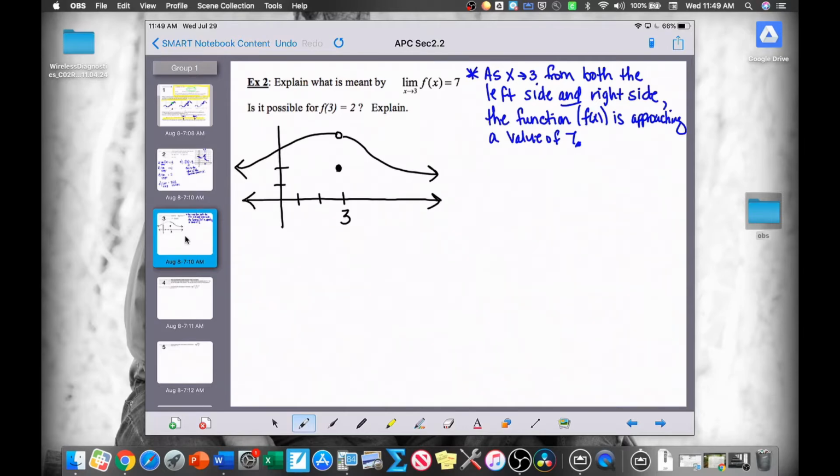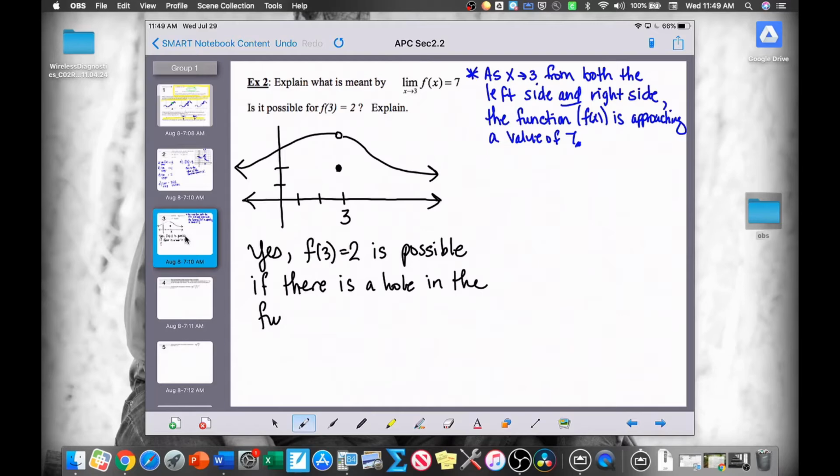So we could say, yes, f of 3 equals 2 is possible if there is a hole in the function. Right? So this up here could be 7, and the limit could still be 7, but there's a hole there, and the actual value of the function when x equals 3 is 2.